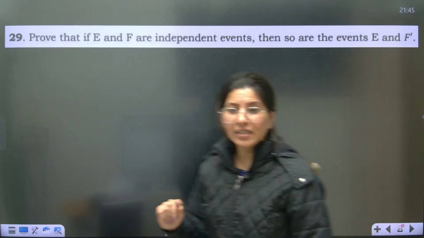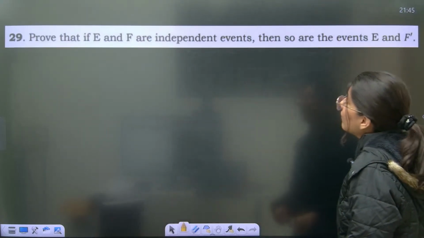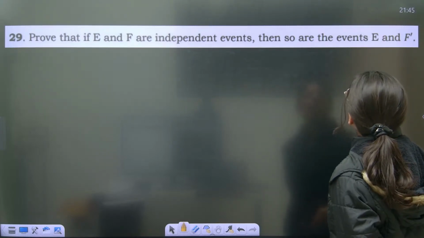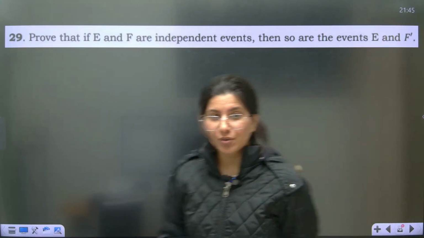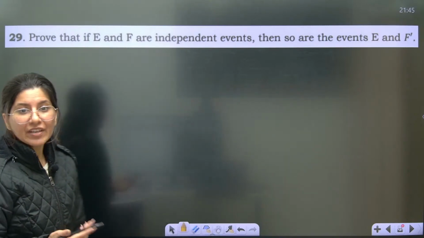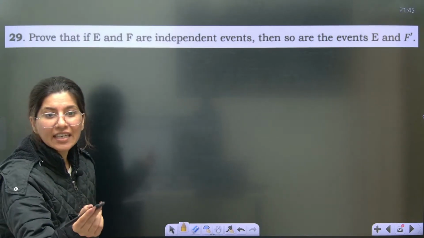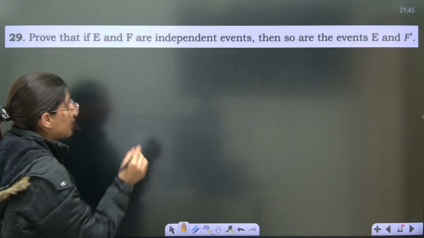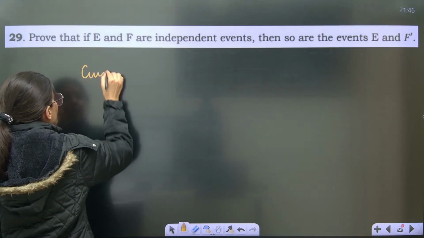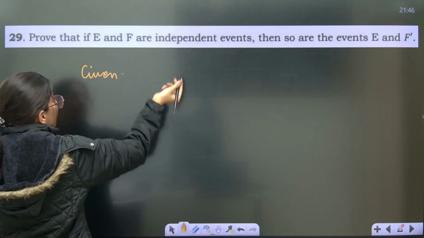Next question from probability. E and F are independent events, and so are the events E and F dash. Prove that if E and F are independent events. Can anybody tell me what is the condition for independent events? So basically they are giving that E and F are independent events.